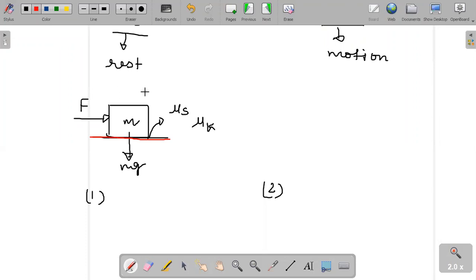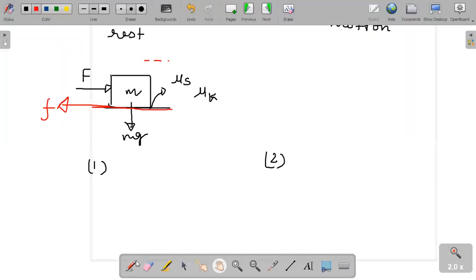Means if force is in one direction, friction must be in the opposite direction to oppose the motion. So for this body to be at rest, the frictional force should be greater than the force applied.